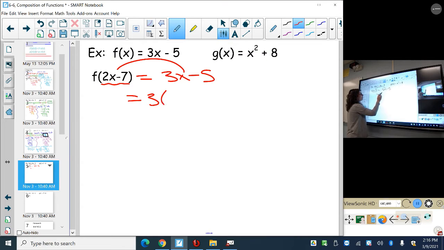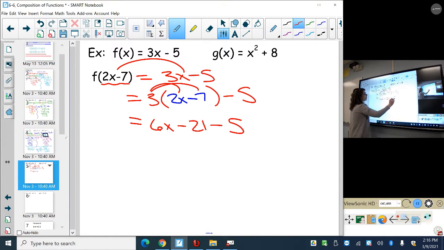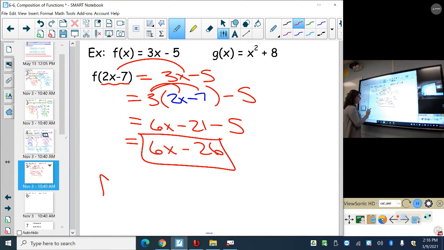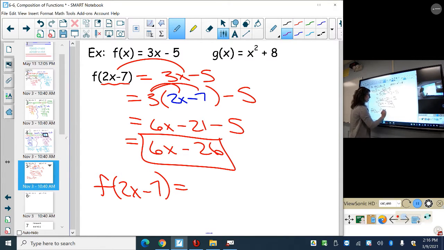So this is going to be 3 parentheses, 2x minus 7, close parenthesis, minus 5. I don't even need the g of x. It's there to confuse you. So now we simplify by multiplying: 6x minus 21 minus 5. So 6x minus 26. That is the new function. f at 2x minus 7 is equal to 6x minus 26.